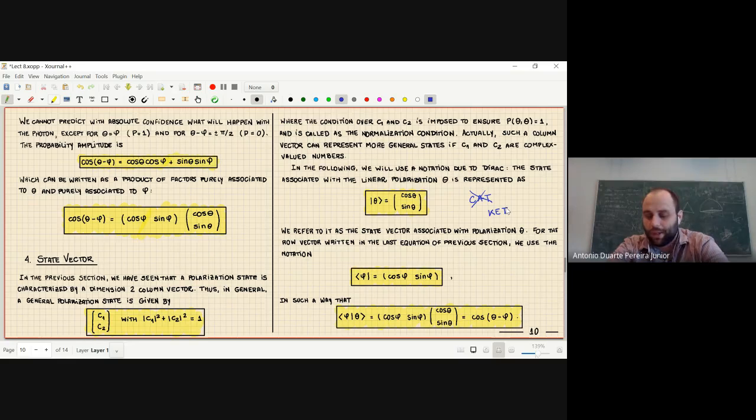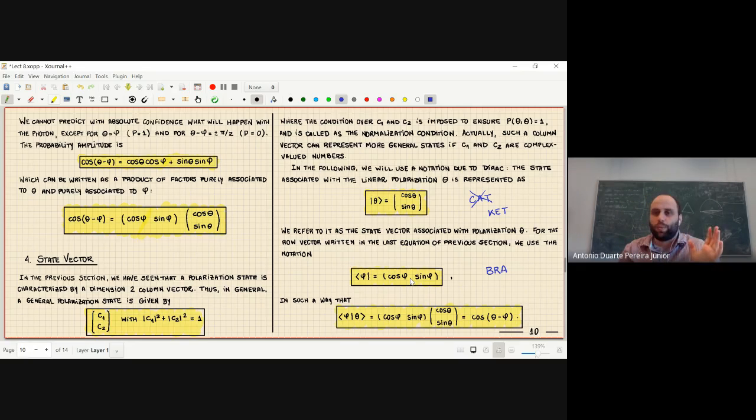Okay? So this vector, which is a state vector, is a ket. And this vector, which is the dual vector, is called a bra. Okay? And when you compute the product of these two vectors in the order of row vector times column vector, you know that you're going to get a scalar. So you're taking two vectors and extracting a scalar. So this is a scalar product.